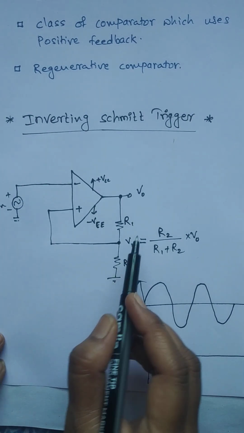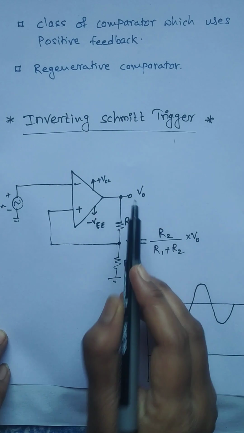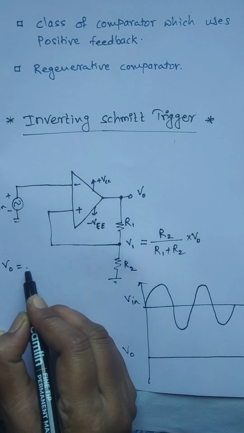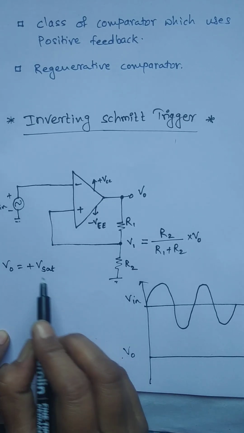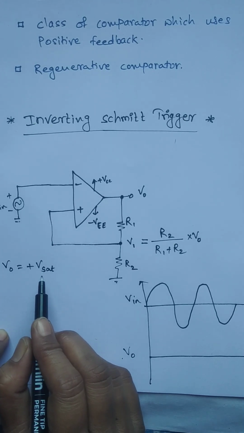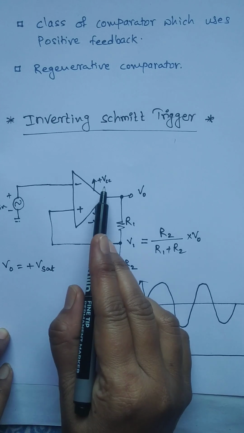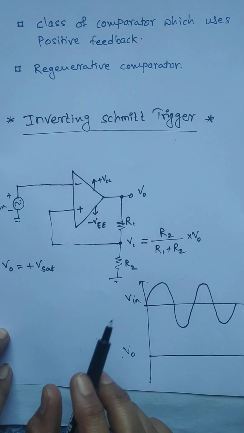Okay, now let us assume initially V output is equal to plus V sat. Now you must know what V saturation is. It is equal to 90% of the VCC applied, or nearly equal to VCC.